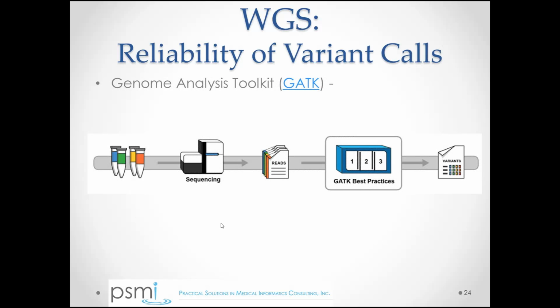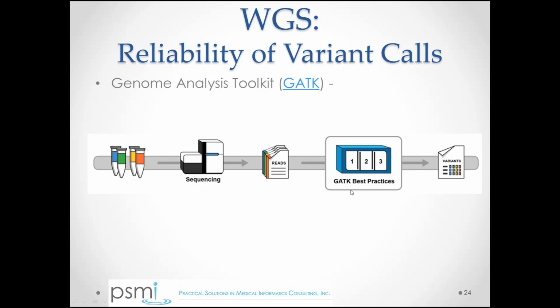Given the challenges with reliability of variant calls, a lot of labs will have adopted the genome analysis toolkit best practices pipeline. And what that does is it defines a process of going from the reads coming out of the sequencer all the way to calling variants.